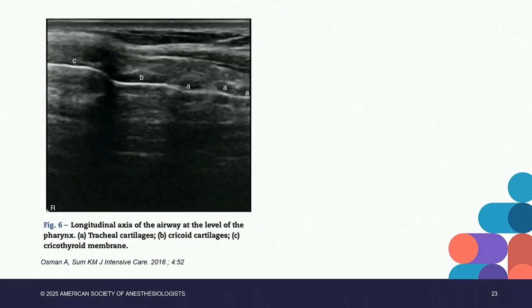And here, you have the tracheal, this cricothyroid membrane, and here the cricoid, and it's a cuboid shape, and here the tracheal ring. And beneath it, of course, there is an air tissue interface, which is a hyperechoic line.